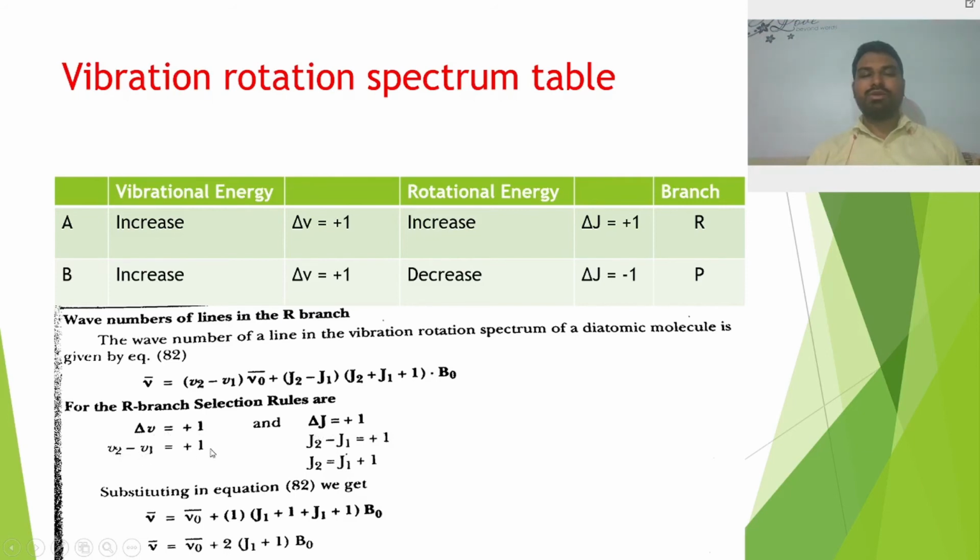Hence ν2 − ν1 will be plus 1 and J2 − J1 will be plus 1, then J2 will be J1 + 1. Substituting this value in the equation, ν bar equals ν0 bar + 1(J1 + 1 + J1 + 1)B0, so ν bar will be ν0 bar + 2(J1 + 1)B0.